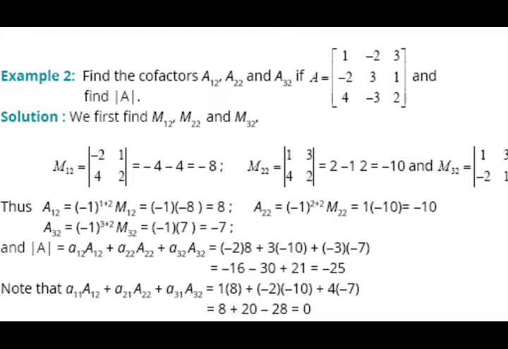We find the determinant: minus 2 multiplied by 2 is minus 4, and 1 multiplied by 4 is 4, and between them is the minus sign of the formula, so it is equal to minus 8. Then further we find M22 and so on. The cofactor A12 is equal to minus 1 raised to power 1 plus 2 times the value of minor M12.